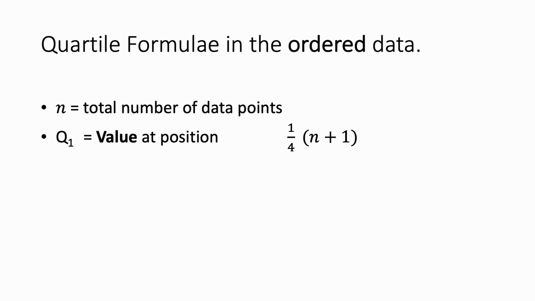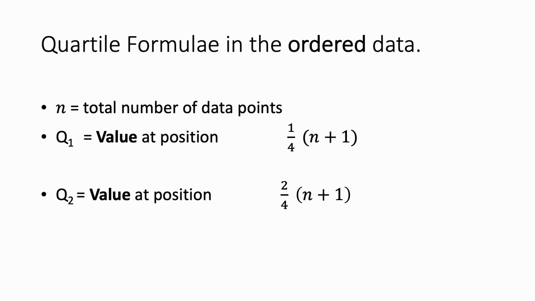Remember, this formula only computes the position of the first quartile, not the value of the first quartile. Once we work out the position, we go in the sorted data set and find this position, and the value sitting there will be the first quartile.